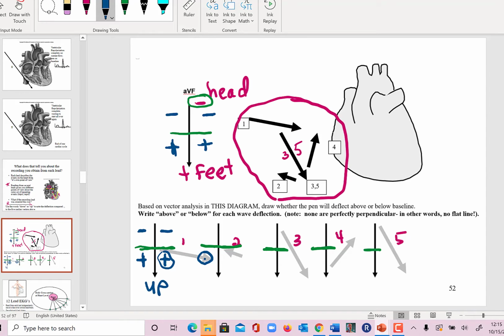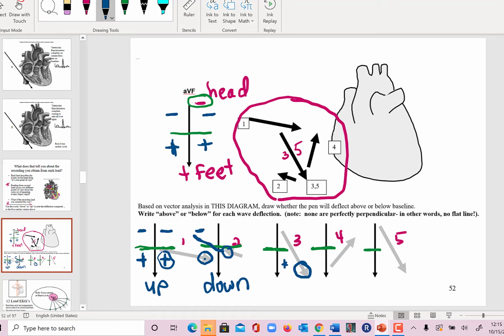Where is this arrowhead for cardiac vector 2 pointing towards? Well, extend it. This arrowhead is pointing towards a negative quadrant. It is anti-parallel, and the pen would go down. What about this arrowhead for cardiac vector number 3?